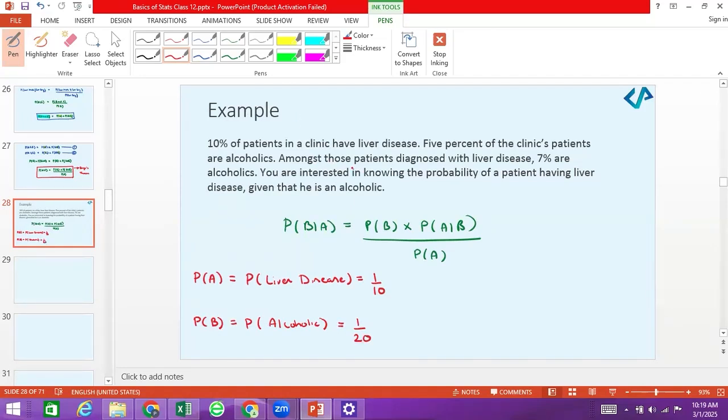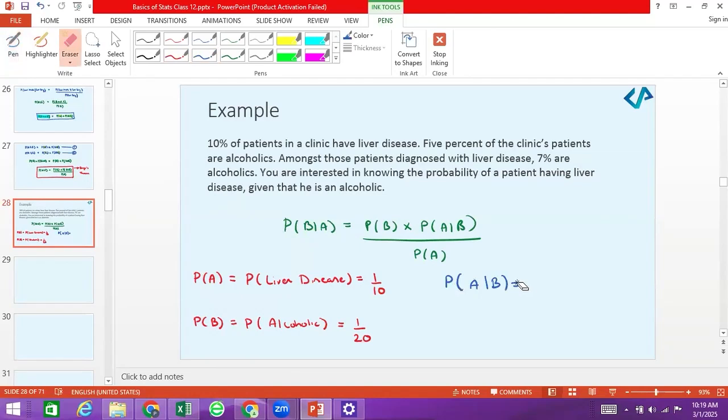Among those patients diagnosed with liver disease, the people who have liver disease, 7% are alcoholic. It means that the people who have liver disease, that is given to you. So it means that B is given to you. A given B, right? Yeah, you're right. My bad.